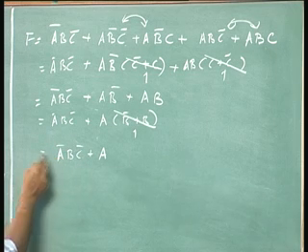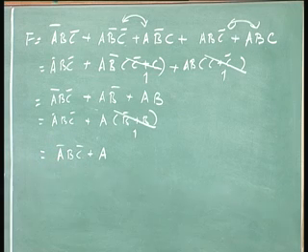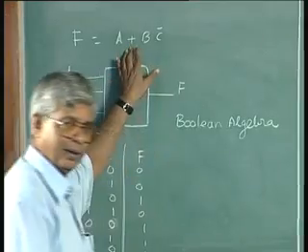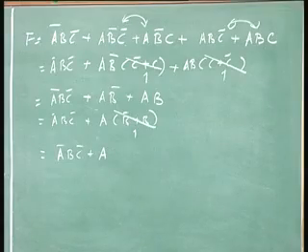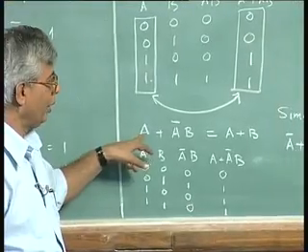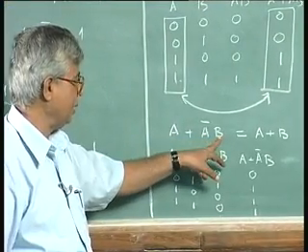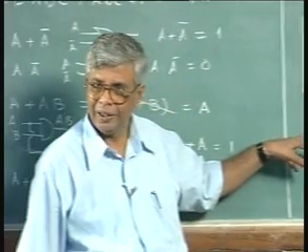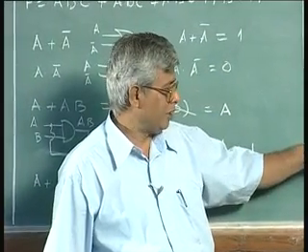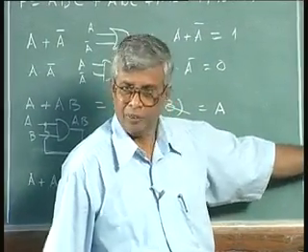Now, this has to be reduced to this. You can use one of these identities here, A and A bar and B. I have an identity here, I have a variable and another term in which the variable is complemented and some other term.